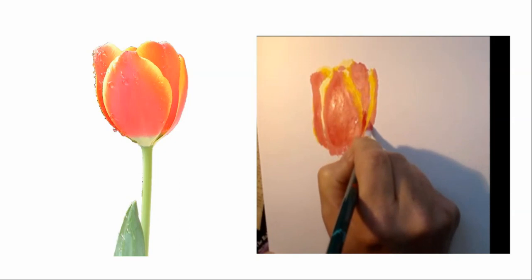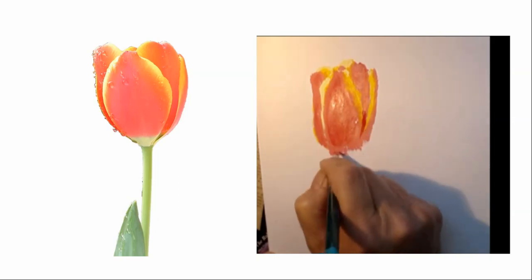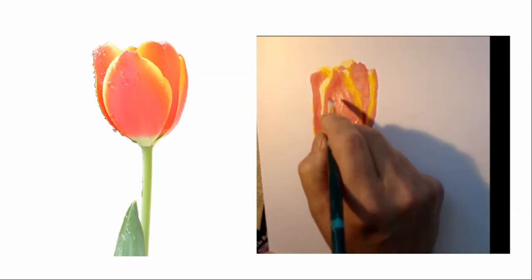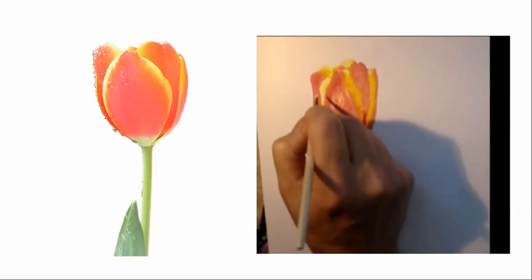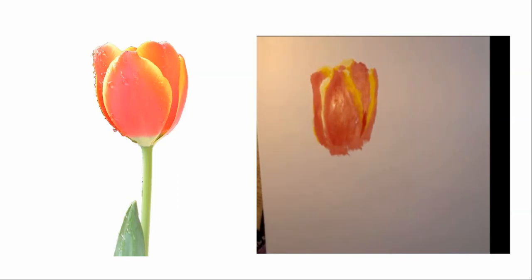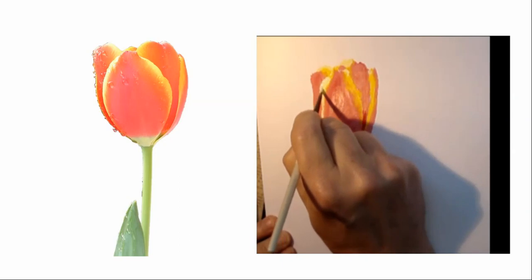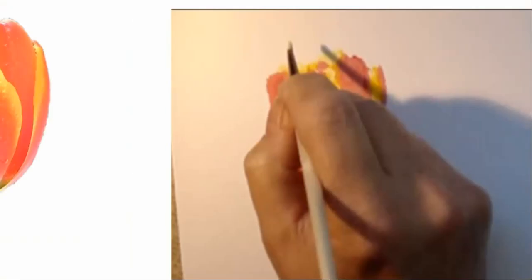So once again, I'm keeping my eye on this tulip and just seeing if there's anything I've overlooked or emphasized too much. And now I'm going to apply a little bit of white on top of that yellow, that bright area, that band of yellow. By applying the yellow, it gives brightness to it.